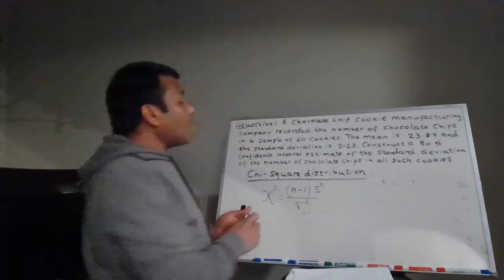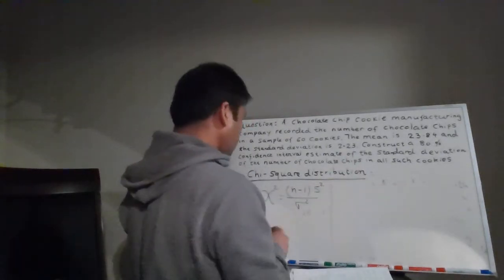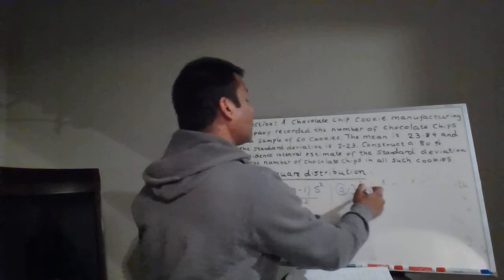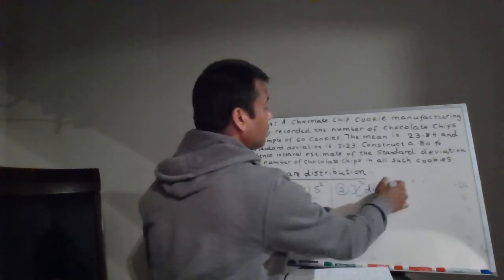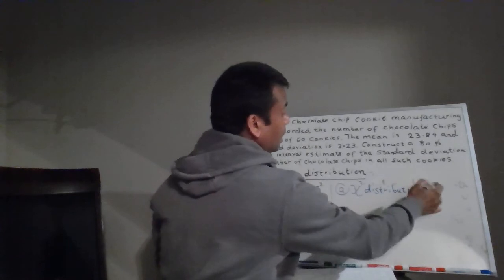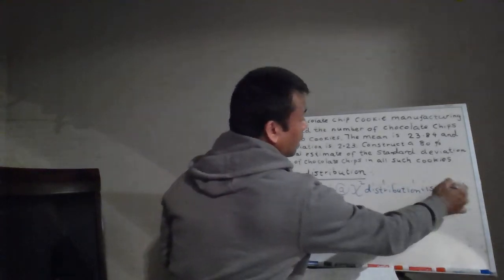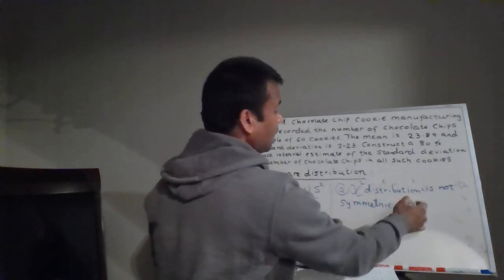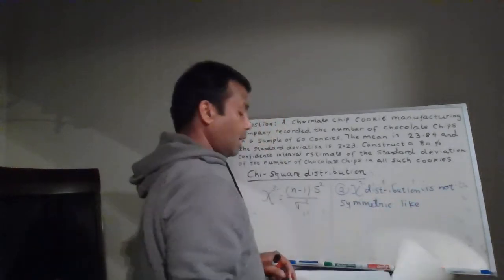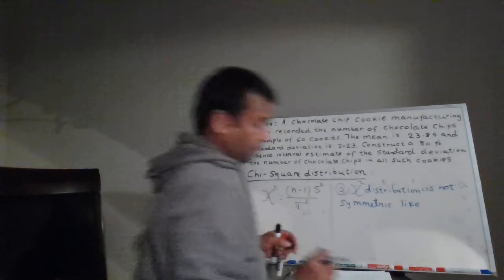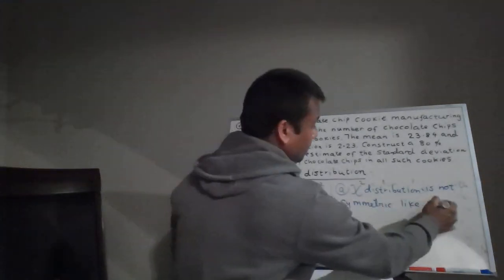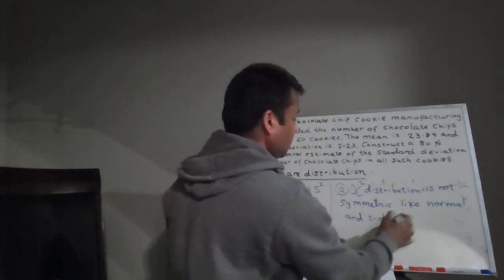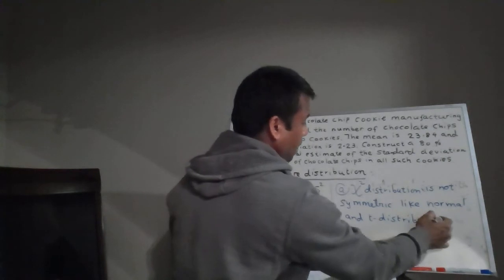So the chi-square distribution is not symmetric, like the normal and t distributions.